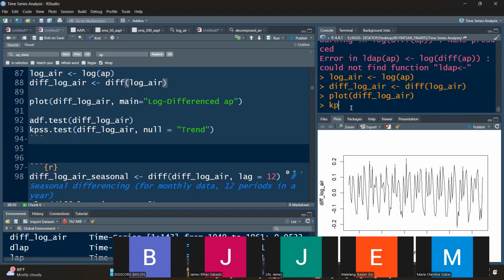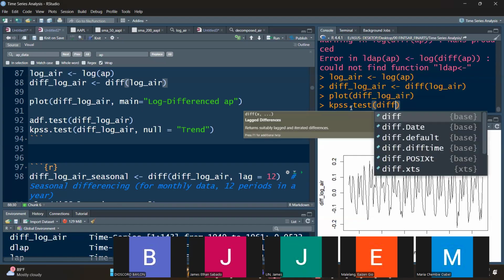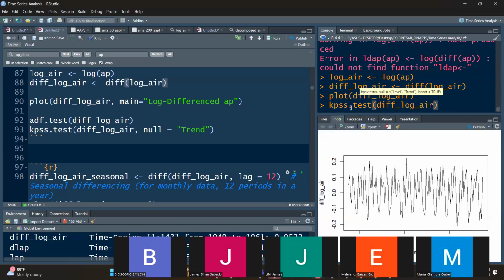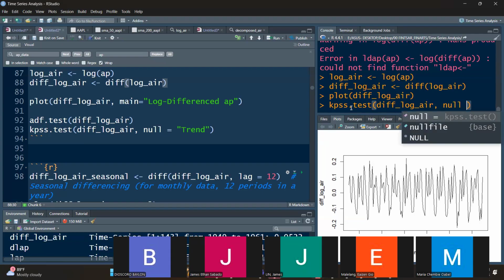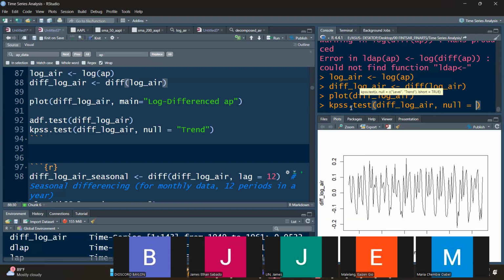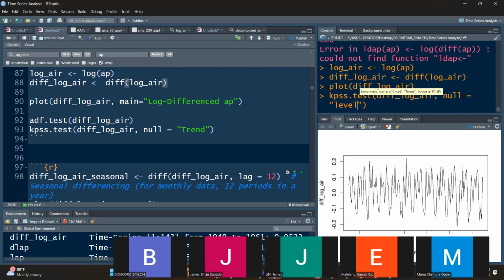So we can test this. kpss.test, and use diff underscore log air, and then let's try null is equal to level, capital L. So here we're saying that there's no trend.